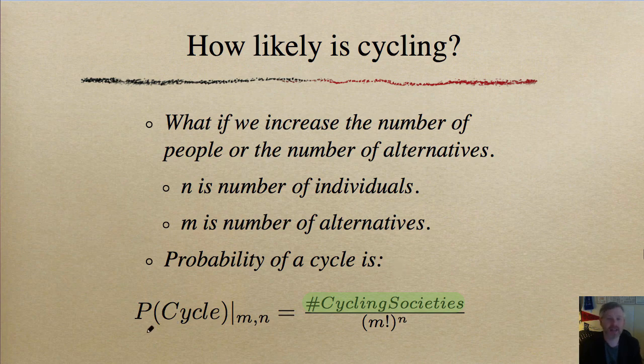So all this says is that the probability of a vote cycle when you have M alternatives and N voters equals the number of societies that cycle, and I will always give you the number of cycling societies, that's why I have it highlighted in green here, over M factorial to the N, all right?